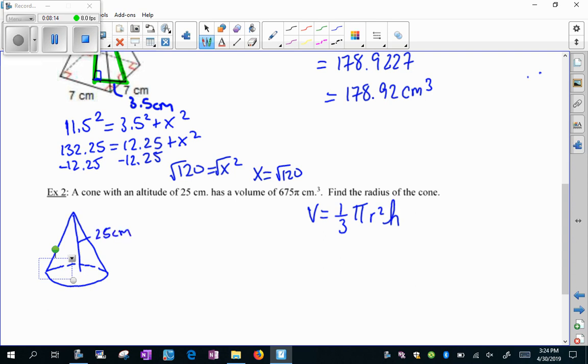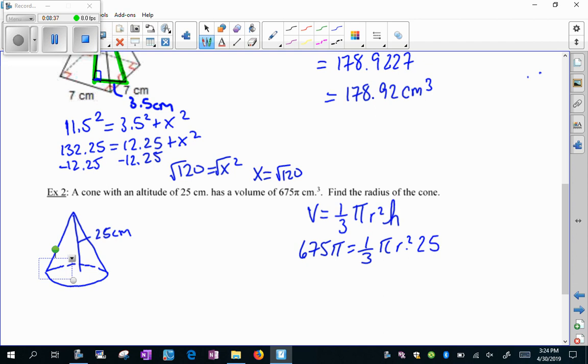So I want to find out what the radius is. All right, so let's fill in. So I know that the volume is 675 pi. That's going to equal 1/3 pi times r squared, and that's going to be times 25.